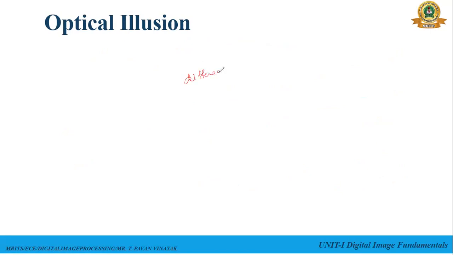And the next important concept in the human eye is optical illusion. So what is illusion? It is the effect that appears in the visual system where the images appear different compared to reality.